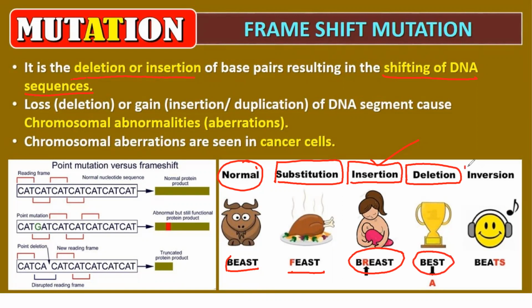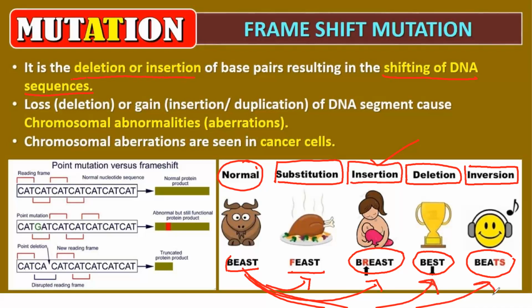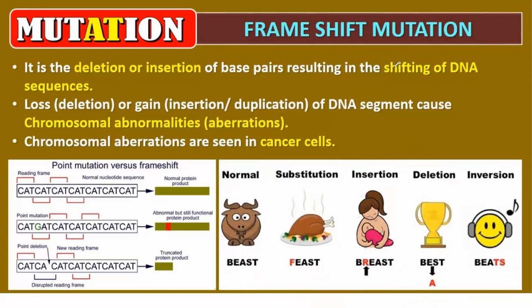And lastly, what if inversion takes place? That will lead to the formation of new words. So through this diagram, you can see that substitution, insertion and deletion have led to the formation of new words. The same thing happens with our DNA sequence.